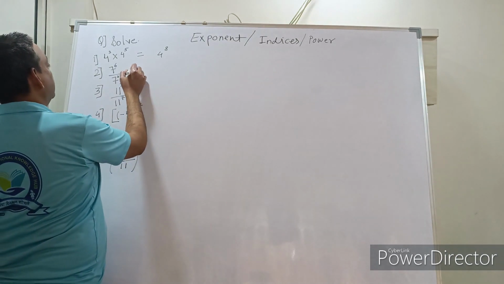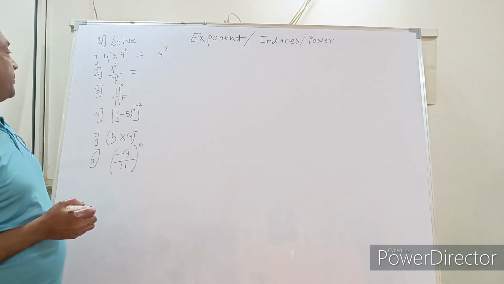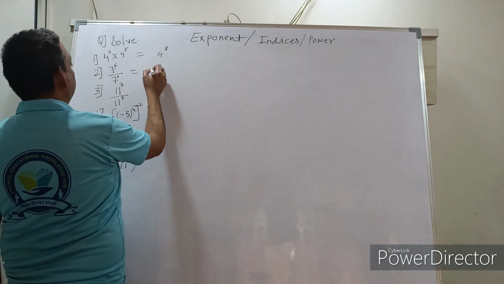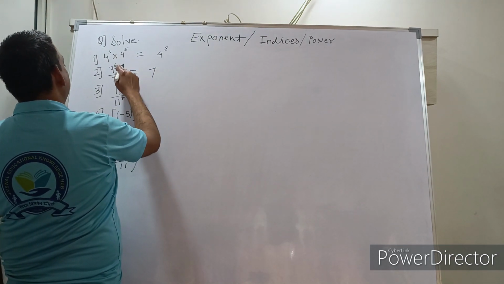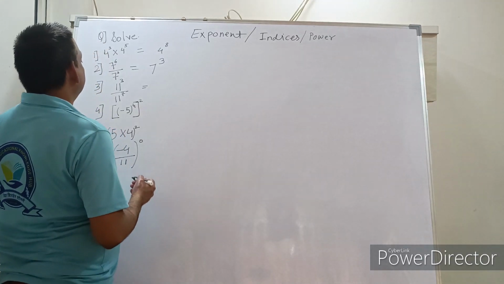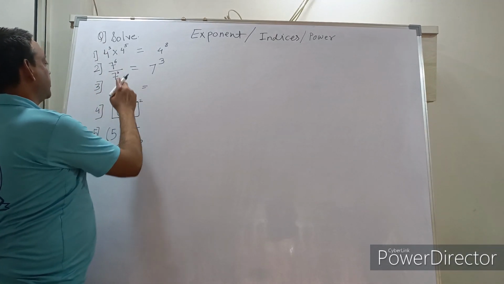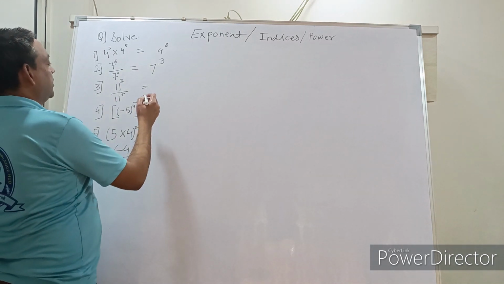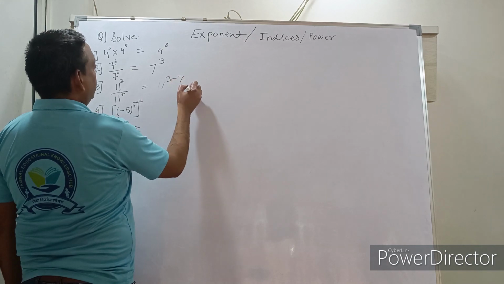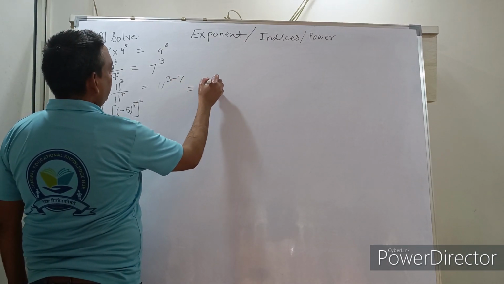The next one is division, and again both bases are the same, so we have to subtract the powers. 7 raised to 6 minus 3 gives you 7 raised to 3. Third one is 11 raised to 3 upon 11 raised to 7, which gives 11 raised to 3 minus 7, that is 11 raised to minus 4.